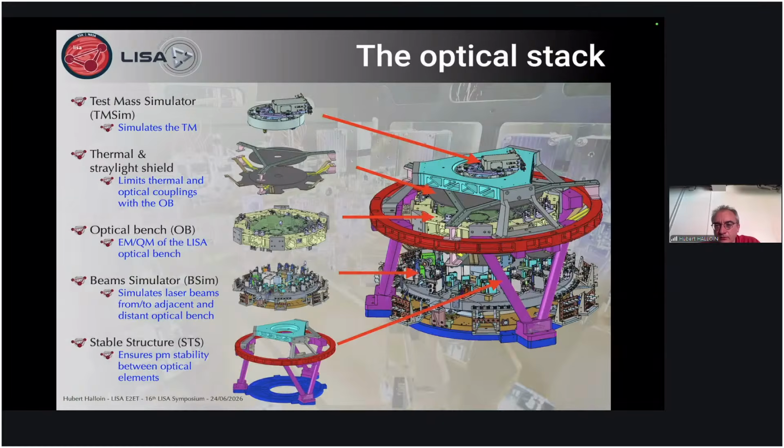So this is a quite complex bench. It is also used to receive and send light through the backlink fiber. And of course, to link everything together, we have a stable structure that has to be extremely stable, because at the end, we want to perform picometer stability measurements between these different components.